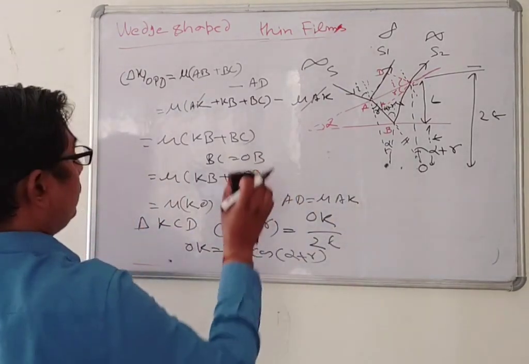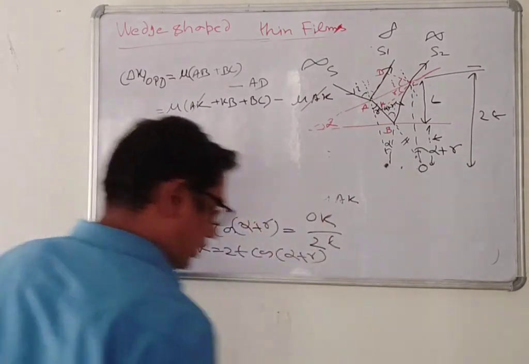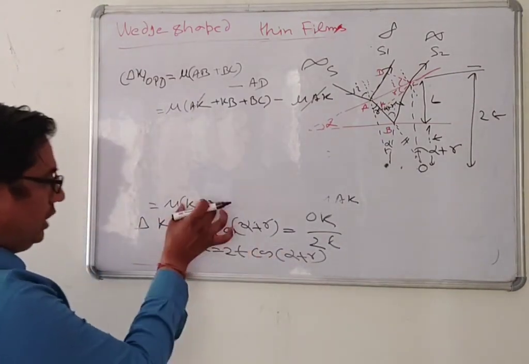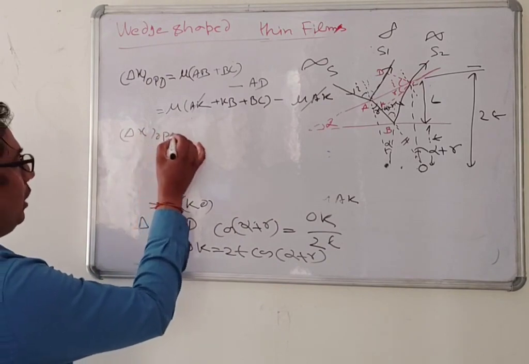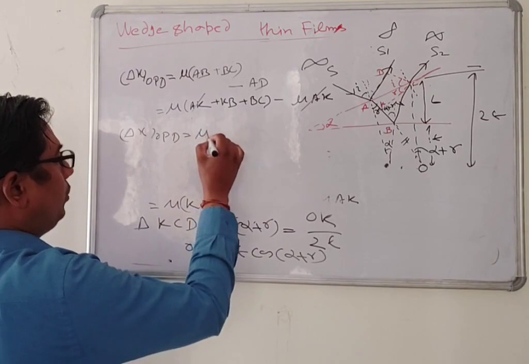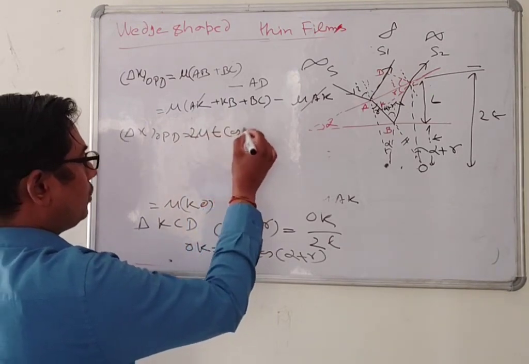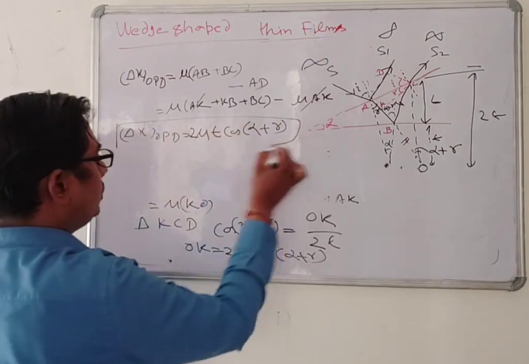Finally, when you put these values here, the optical path difference is equal to 2 mu t cos alpha plus r, like that.